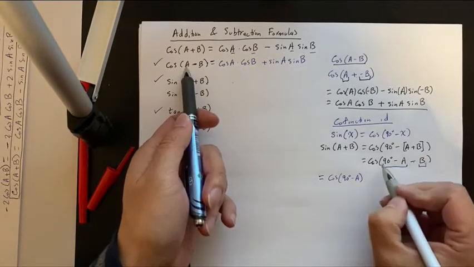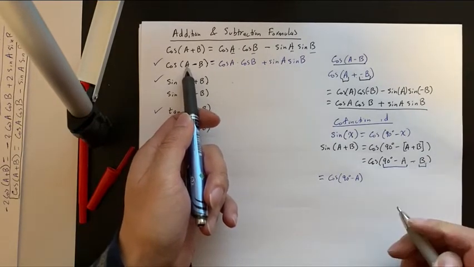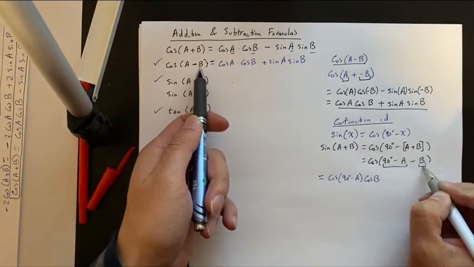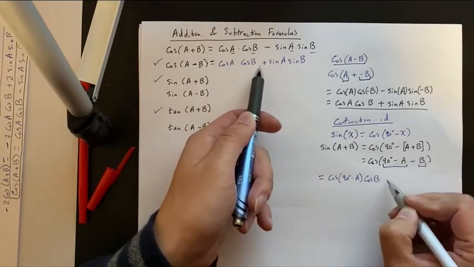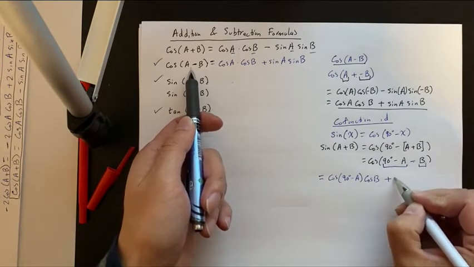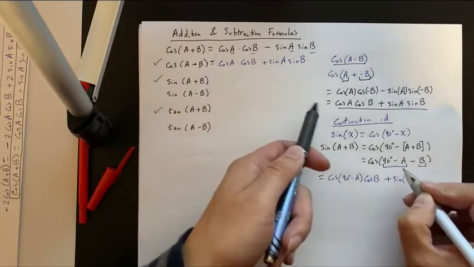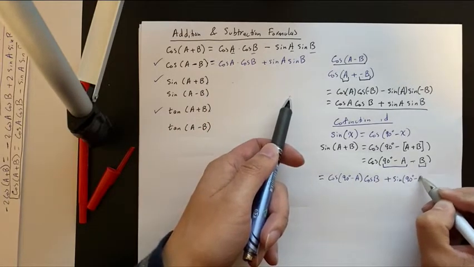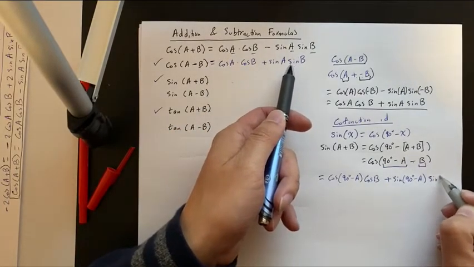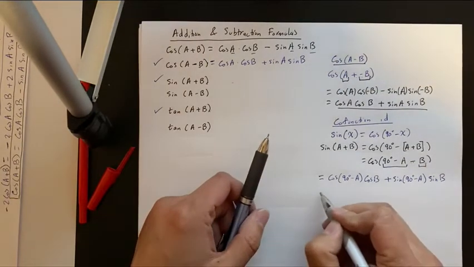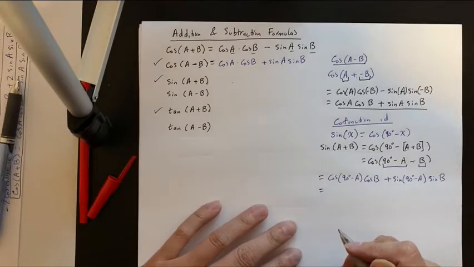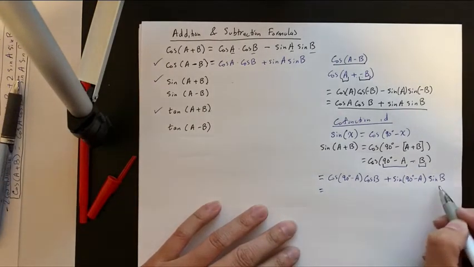Cosine of A, but this is our A. And cosine of B. Well, our B is just B. Plus sine of A. Our A is not simply A, it's 90 degrees minus A. And then sine of B, and that's just sine of B. Okay? All right, and that's it.